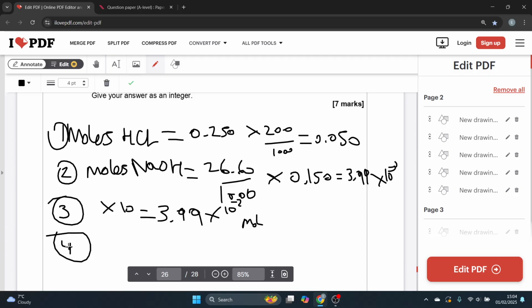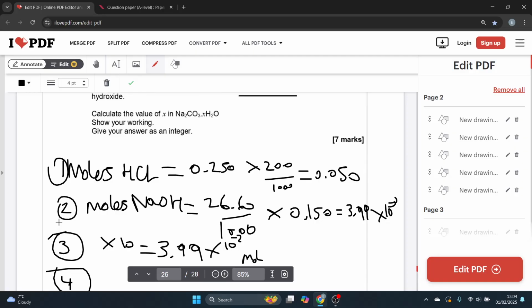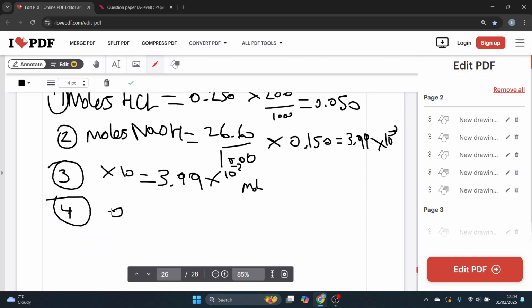Then I want to work out the moles of HCl reacting with that. And how do I do that? Well, I can do 0.050 minus 3.99 times 10 to the power minus 2, which is 0.0101 moles.